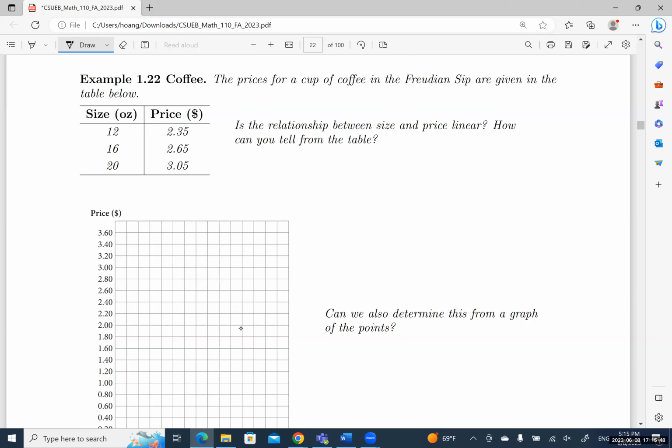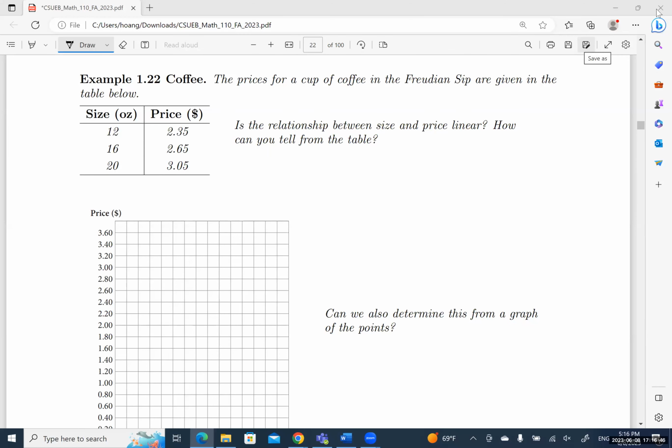So this problem is the price for a cup of coffee in the Freudian seat, given the table below. So let's see. Okay, so as you see over here, on the left-hand side is the size in ounces. You have 3 sizes, right?